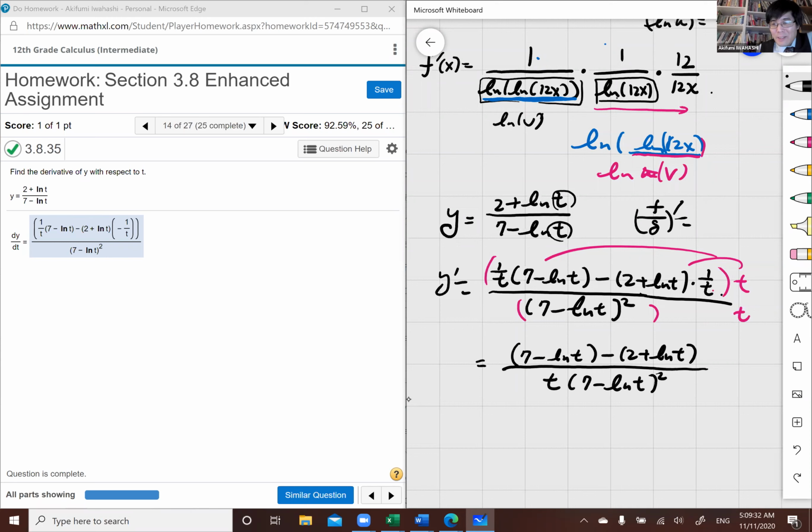The denominator is in factored form, so it looks nice. The numerator is not in factored form, and it can be simplified by combining like terms. So it's going to be 5 minus 2 ln t over t times 7 minus ln t squared.